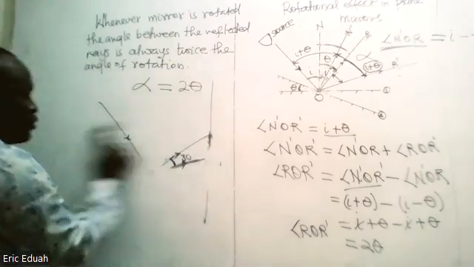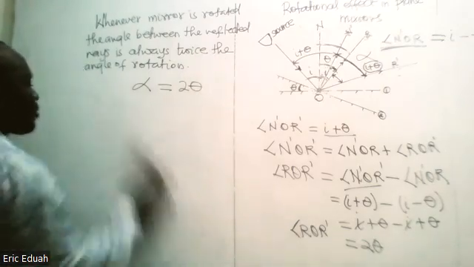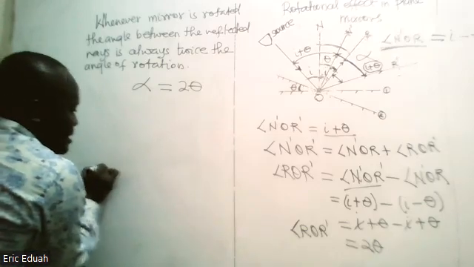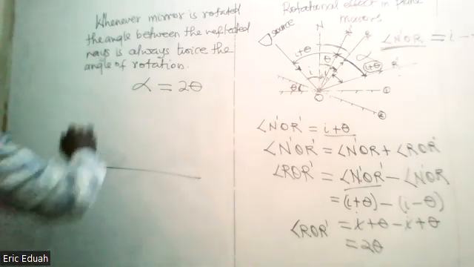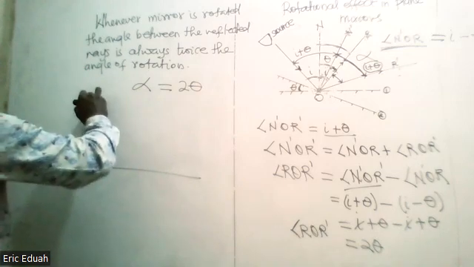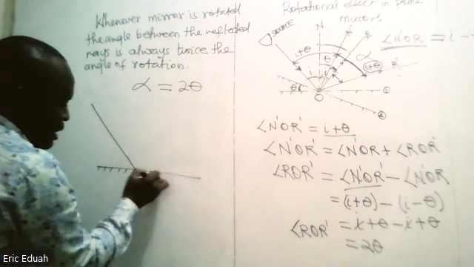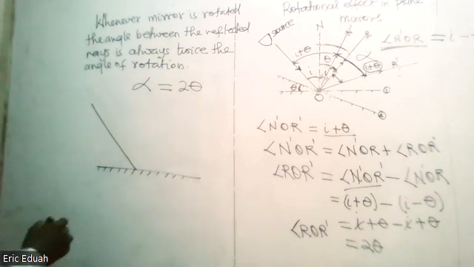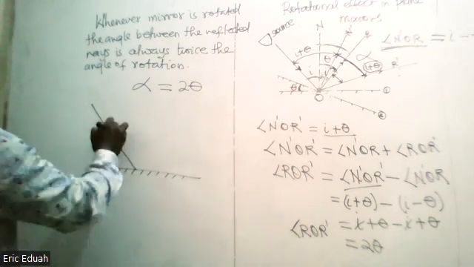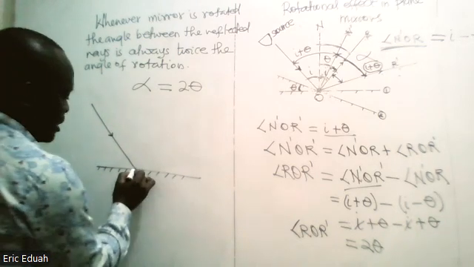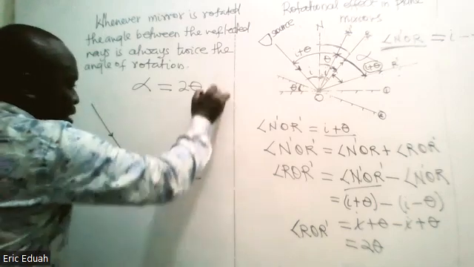Another situation. Light is incident on a mirror. This is the initial position. Then maybe you are told that there is a screen.